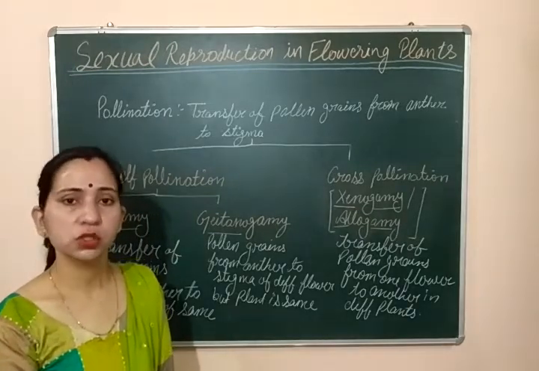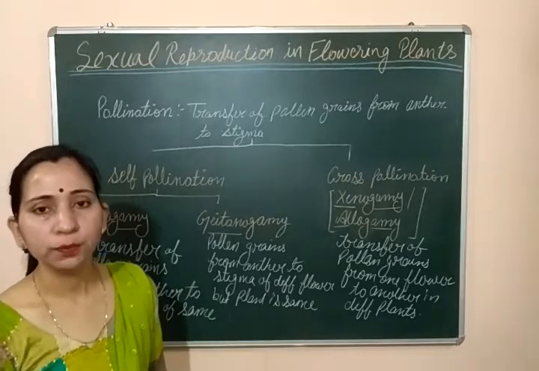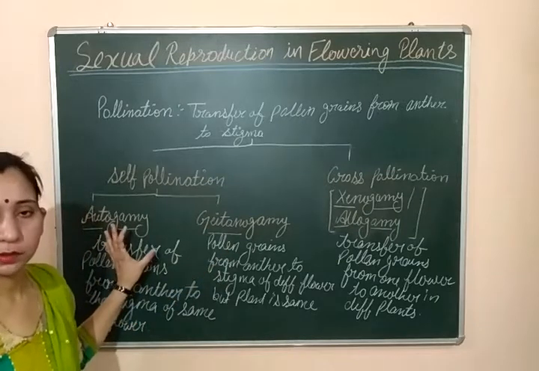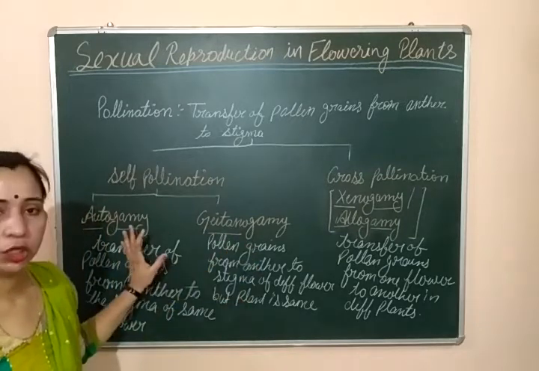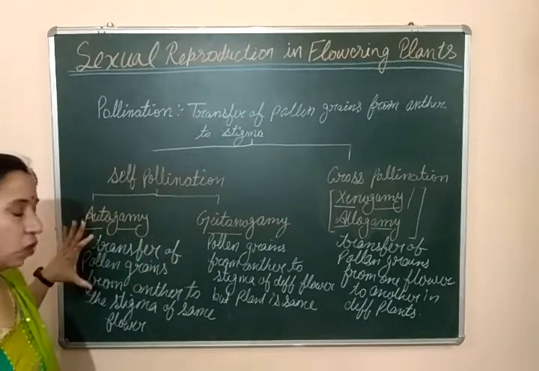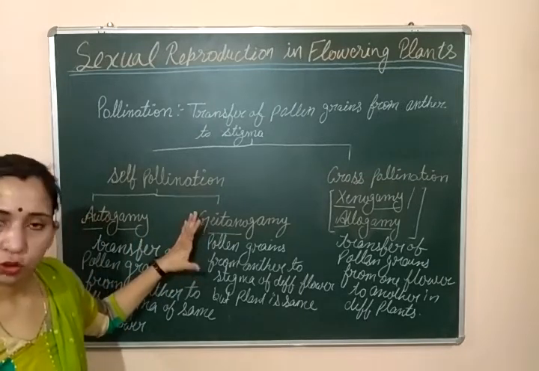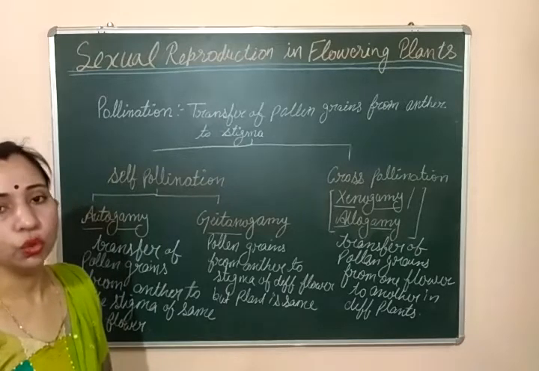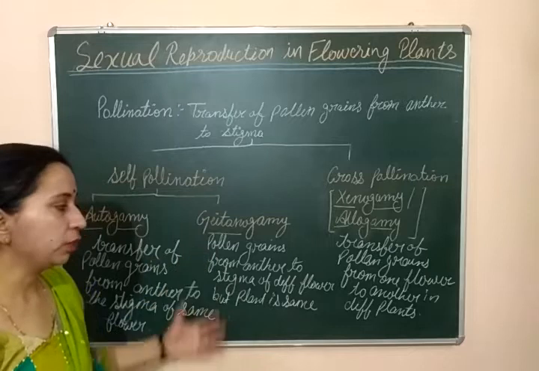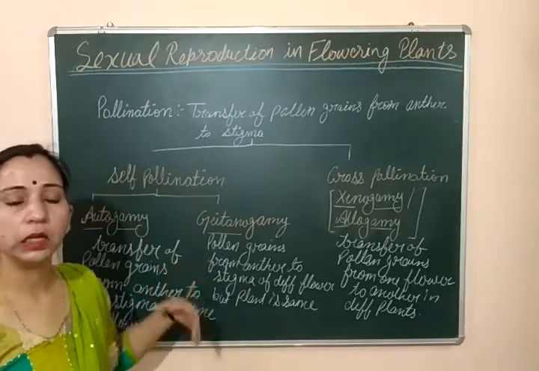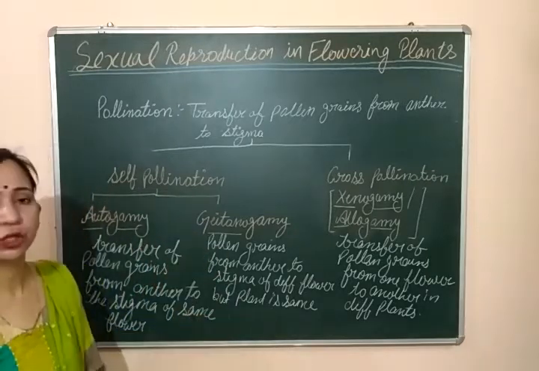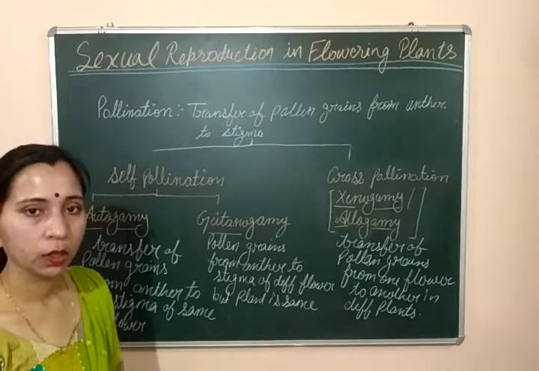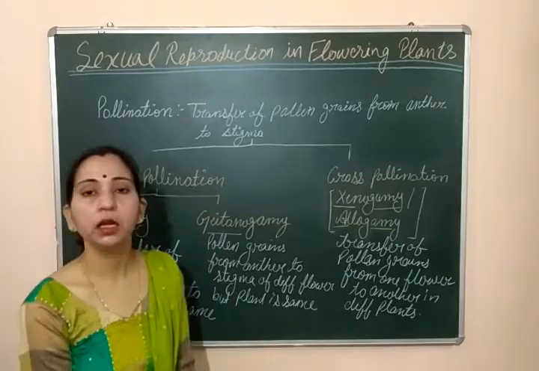There is no chance of any new genetic variations, because genetically in both these cases the plants are similar. Here the flower is same and here the plant is the same. So there is no chance of recombination, crossing over, etc. So no new variations are created and the same type of gene pool is formed again and again. Such type of pollination creates a problem that is known as inbreeding depression.